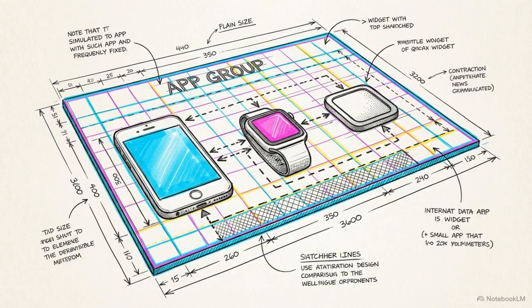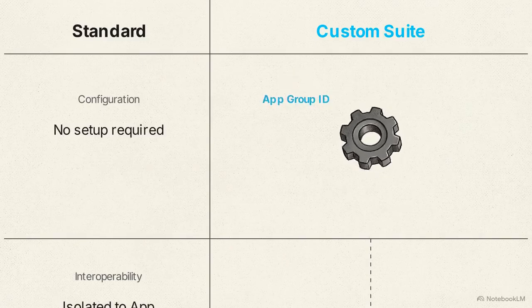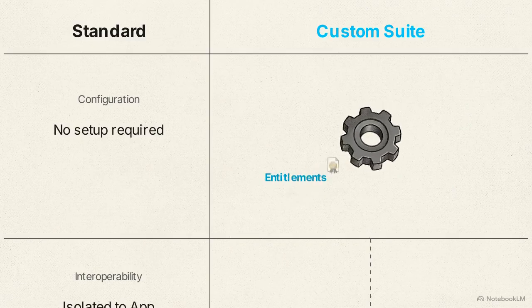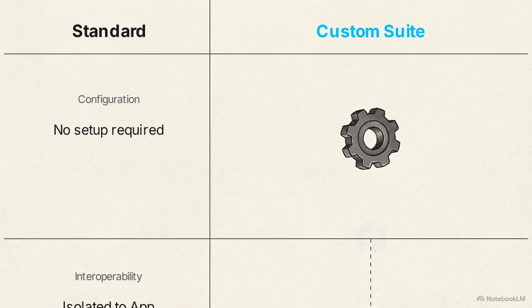The alternative architecture is instantiating a custom suite. You do this by utilizing iOS app groups to create a shared environment. Looking back at our table, under Configuration on the right side, the custom suite requires specific entitlements. This requires upfront friction. You have to navigate the Apple developer portal, manage provisioning profiles, and carefully configure matching bundle identifiers.